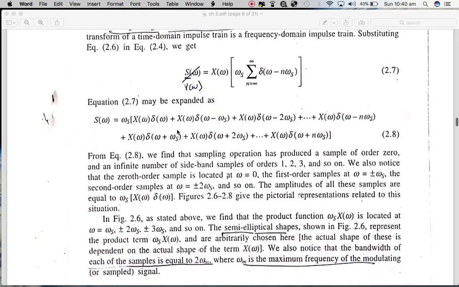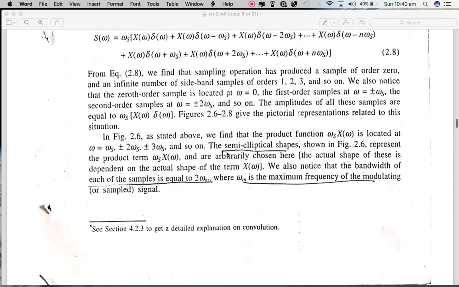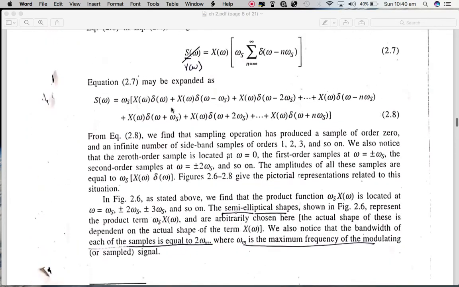This is the mathematical model, and this represents the frequency domain like this, where each semi-elliptical circle has its magnitude represented by this ωs into X(ω), which is coming over here in every expression.